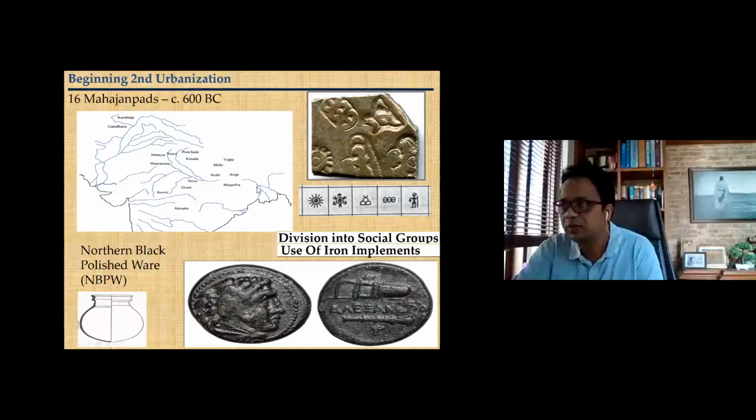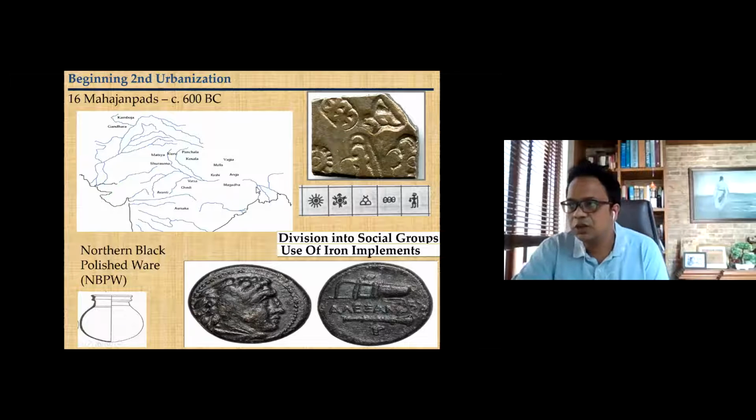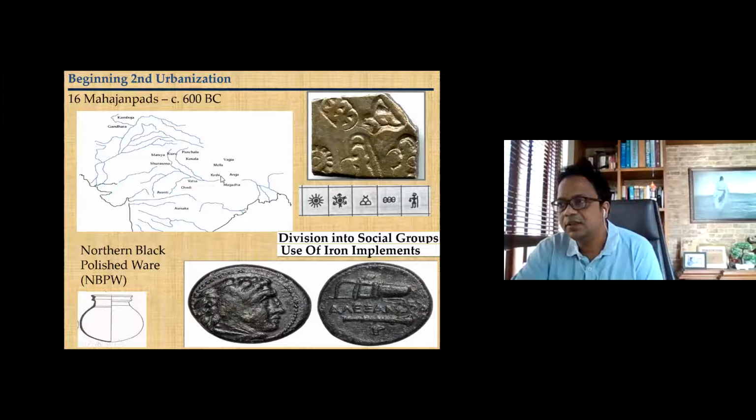Can someone tell me? The Magadha Empire. So the Ashokan king, right? That's the Mauryan king. They really ruled from Magadha. So these are the cities which later on were fully controlled by the Ashokan Empire.